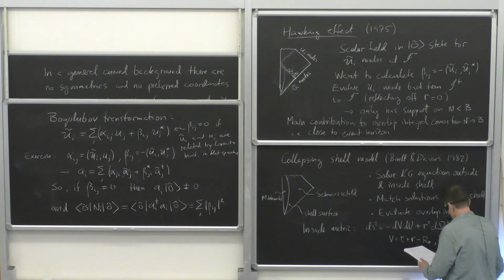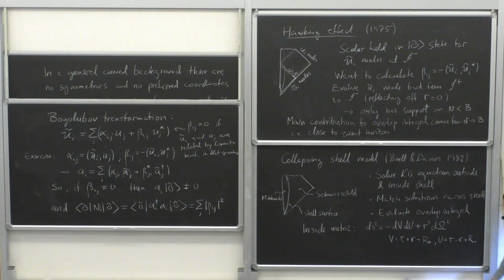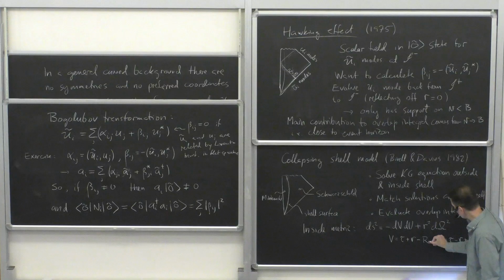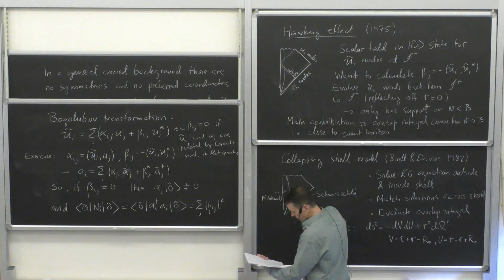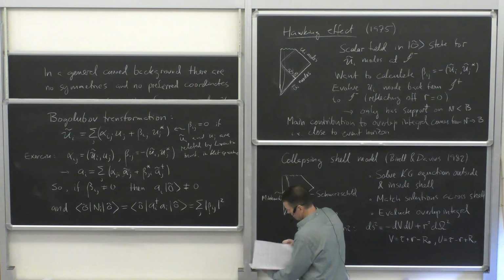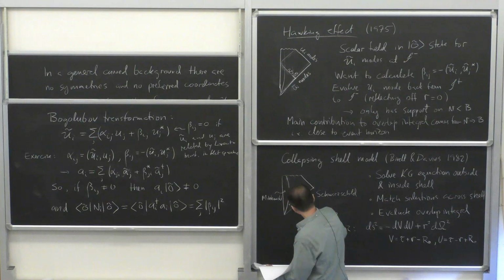I can always just subtract r plus r0. So I'm taking my radial coordinate and adjusting it so that it is actually 0 at a particular point on the shell. So I'll have my origin of coordinates here somewhere.